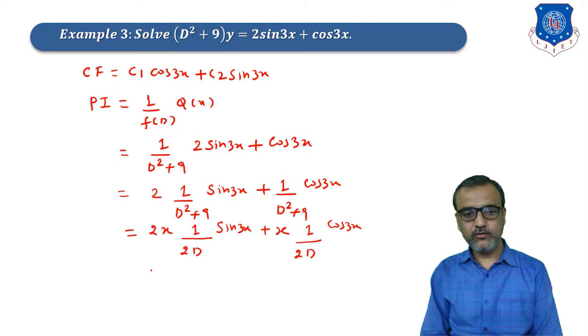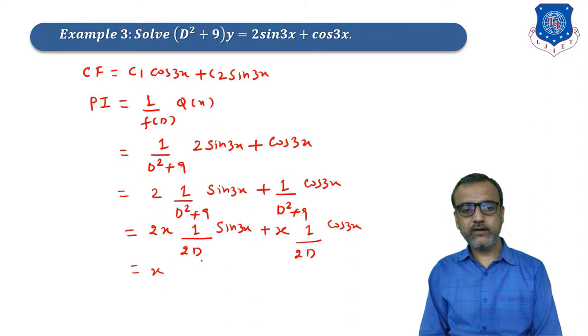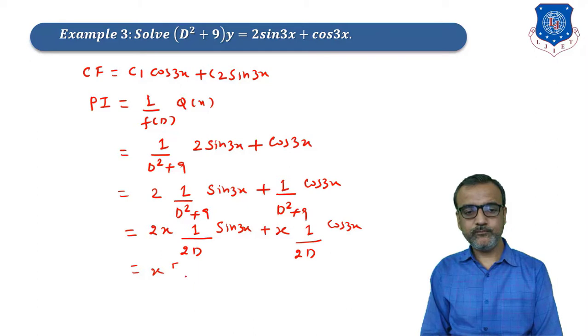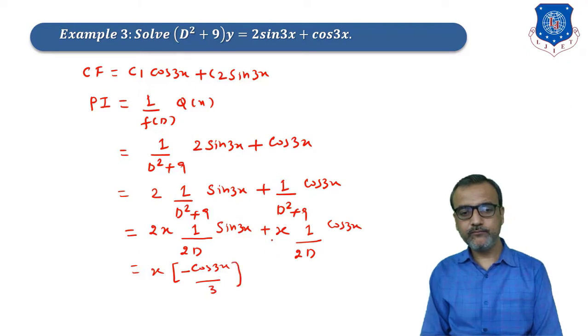Now 2 will cancel out, x will be as it is, 1 upon D, capital D means derivative, and 1 upon D is the inverse of derivative, and inverse of derivative is integration, and integration of sin 3x is minus cos 3x by 3, then after plus x by 2. Now 1 upon D is integration, and integration of cos 3x is sin 3x by 3.